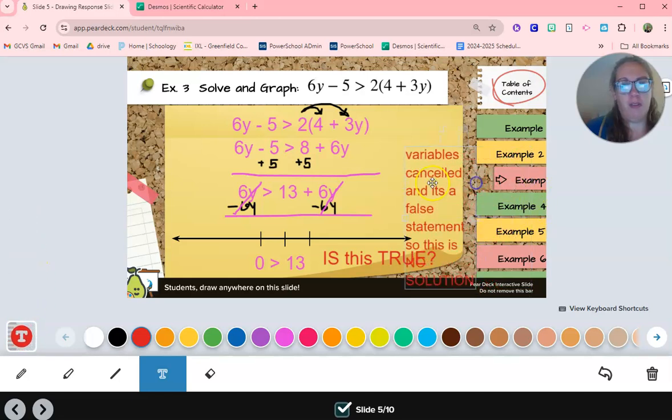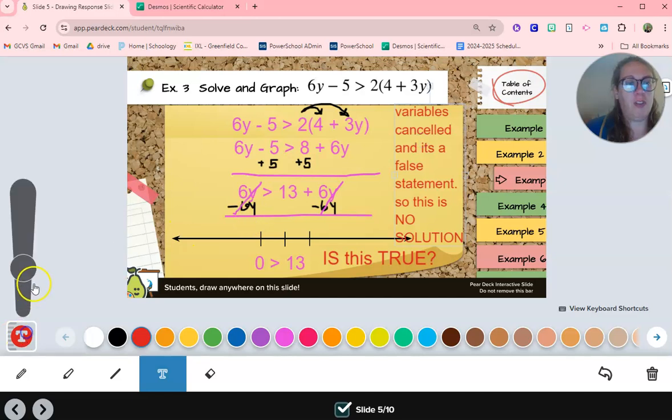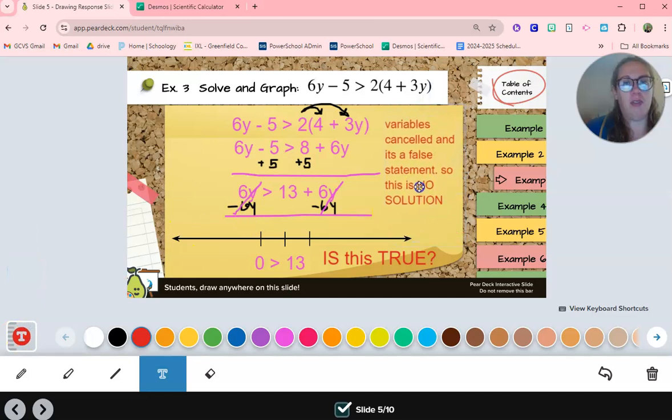Beautiful. Variables canceled, and it's a false statement, so we have no solution. And when you got that and you're all set, push ahead to slide 6. Just like same thing that happened with equations, if we got our variables to cancel, then it's a false statement, no solutions.